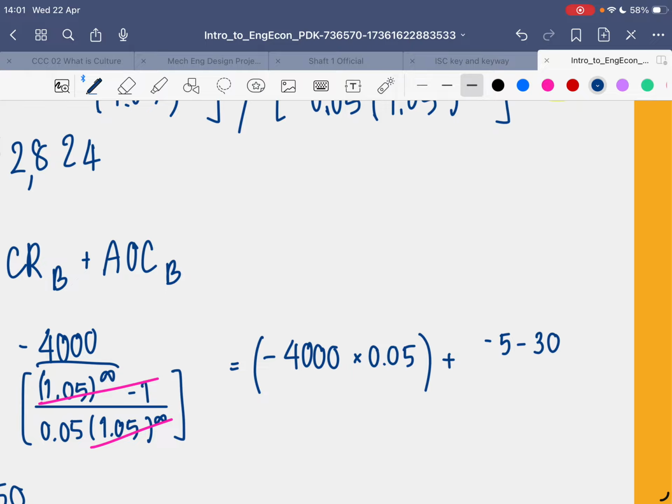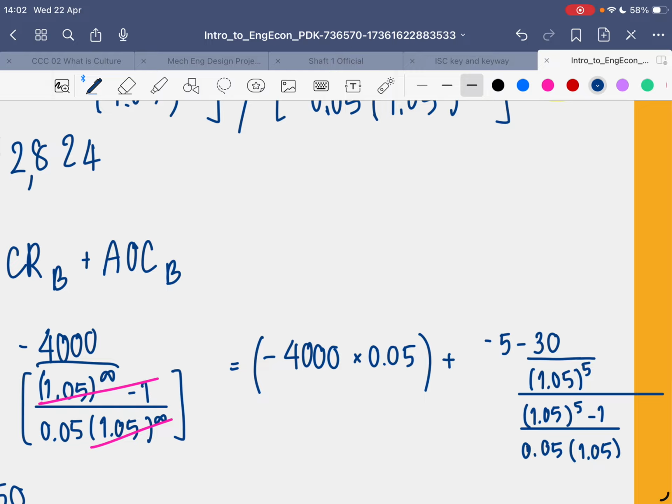We use the same logic: you bring this 30,000 back to time 0 by dividing by 1.05 to the power of 5, and then you distribute it throughout the 5-year period, which is divided by (1.05 to the power of 5 minus 1) over (0.05 times 1.05 to the power of 5). That is equal to minus $210,409.